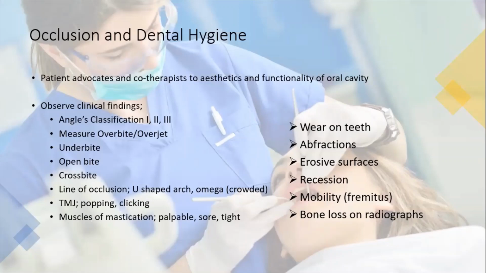In some cases, you'll see wear facets that are really shiny on those posterior teeth. They might be sensitive when you run the explorer over them. That's because the enamel is worn in those areas, and you are now looking at the dentin, which we know is sensitive.